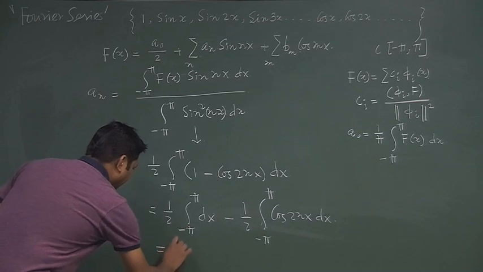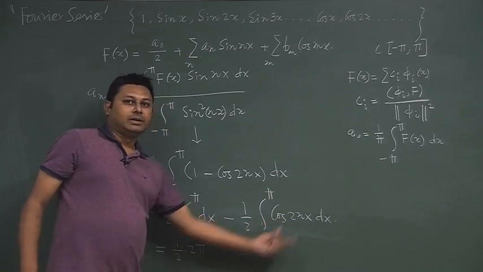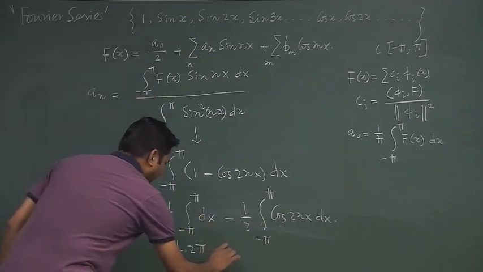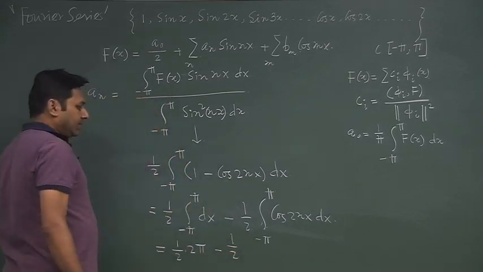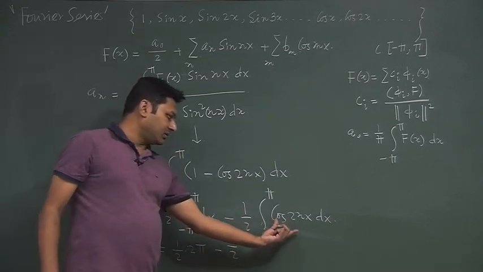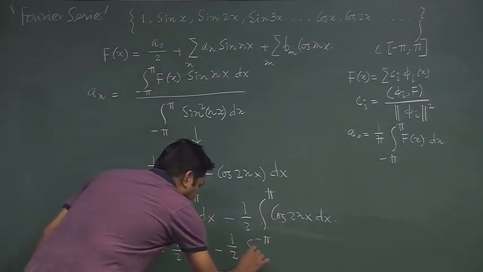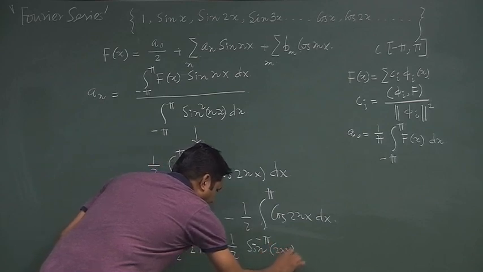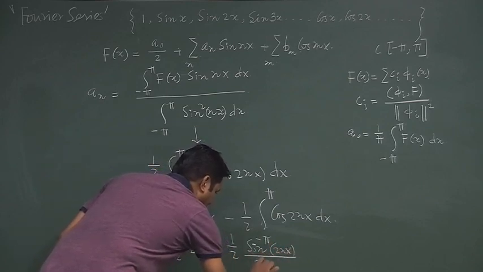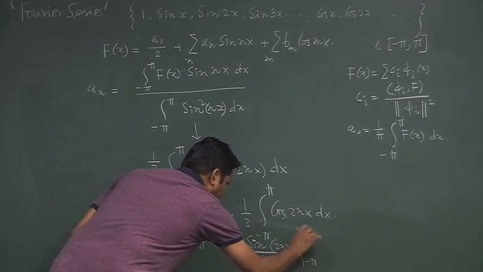This I know the value of. This is half into 2 pi. What about this quantity? This quantity is minus half, and when I integrate the cos, it will be sin of 2nx divided by 2n with limits minus pi to pi.